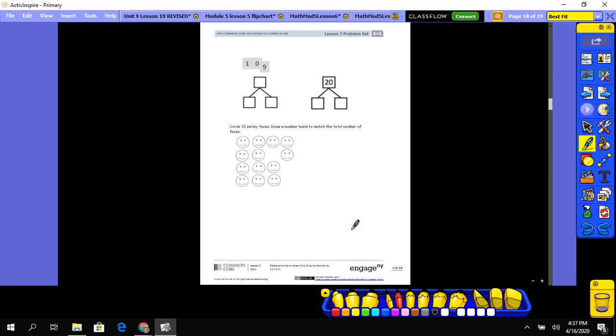Can you look at this set here? What is the whole amount? What are the two parts? Can you get out a piece of paper and pencil and work these number bonds? Can you create a number bond for these hide 0 cards?